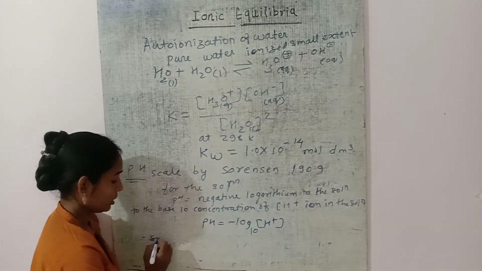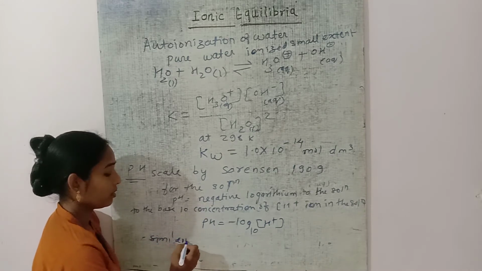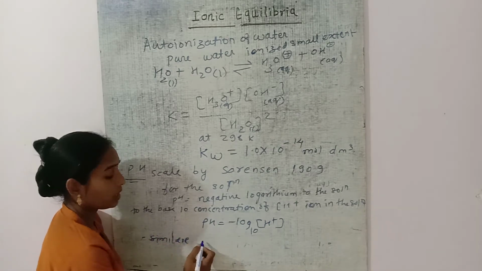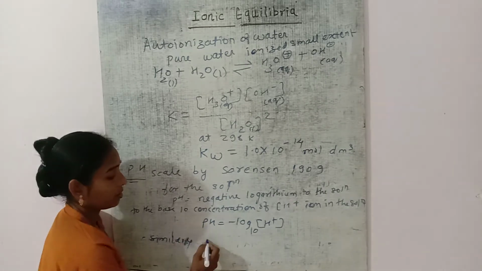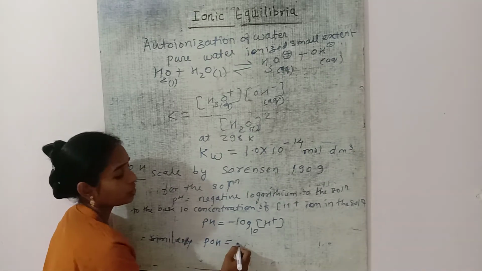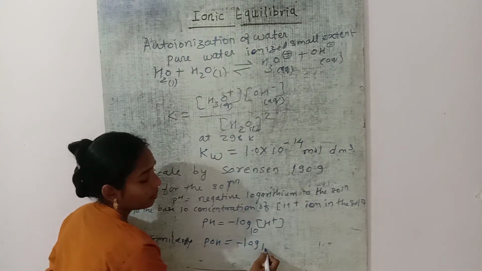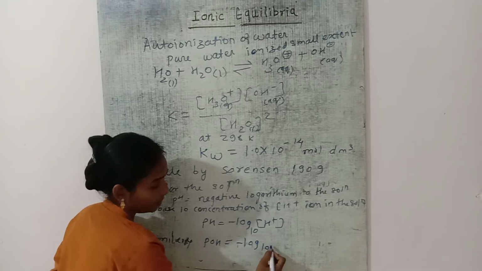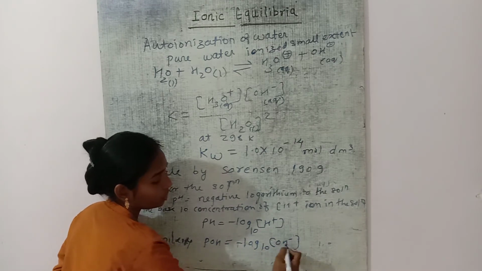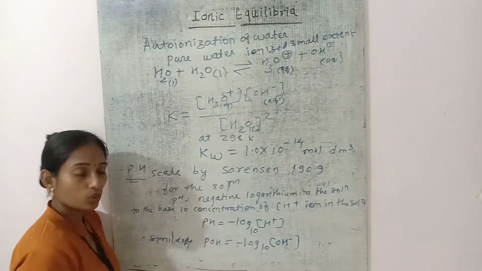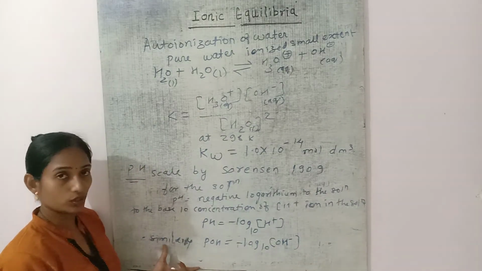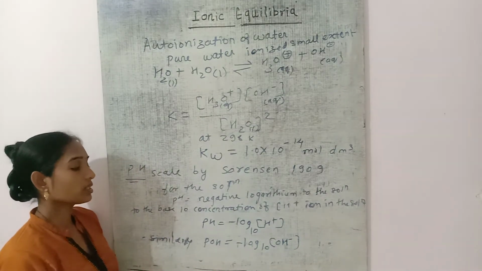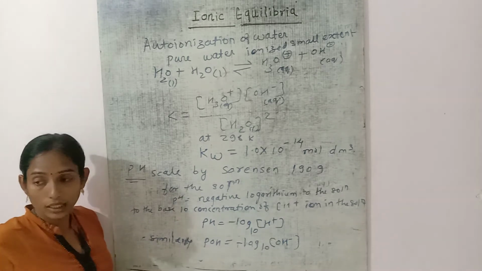Similarly, pOH is equal to minus log base 10 of the concentration of OH negative ions of the solution. Both the pH and pOH can be calculated.